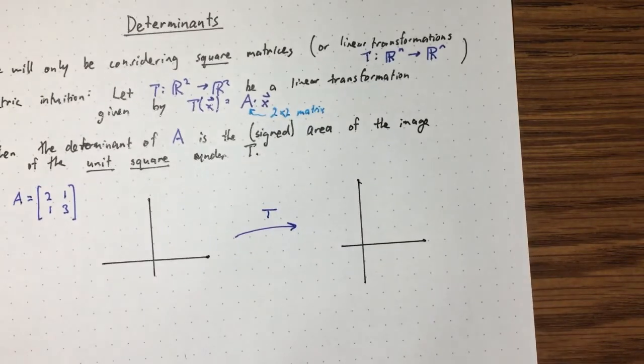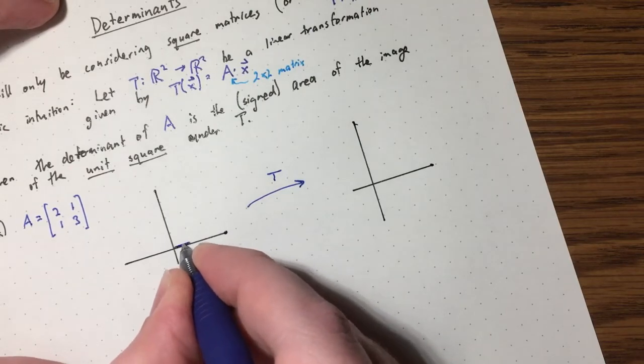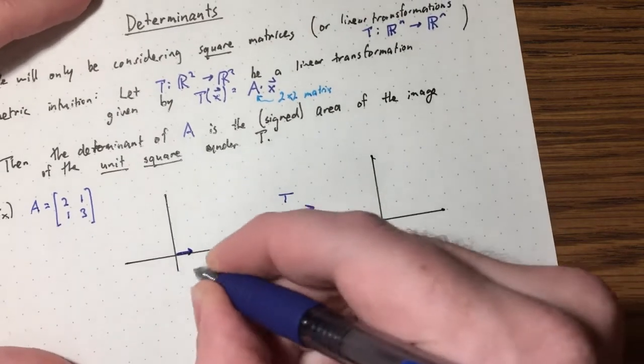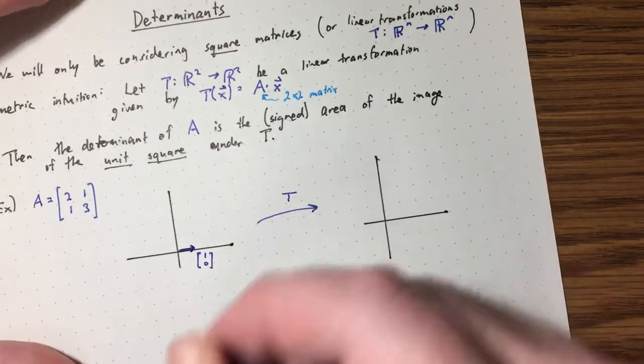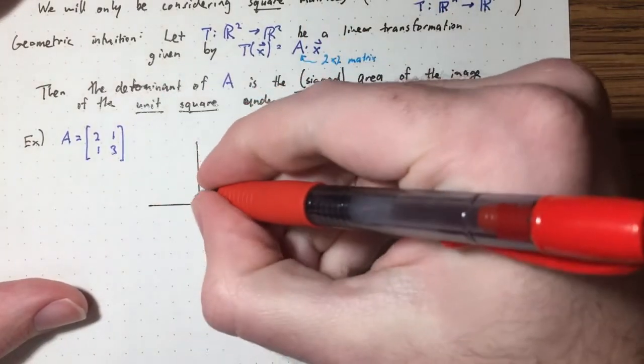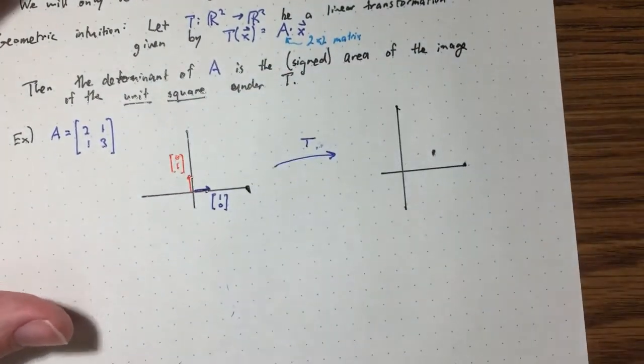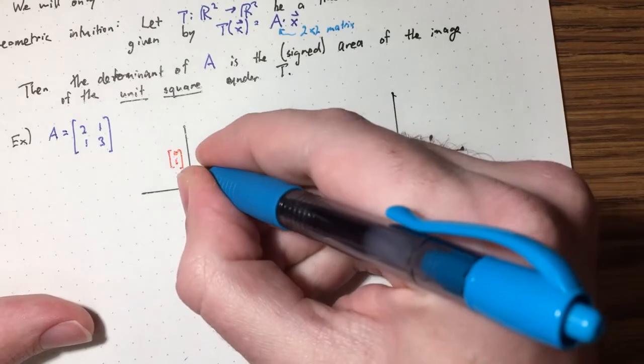Okay, so applying my transformation. What do we mean by a unit square? The square with side length 1. So there's my vector 1, 0. It's a square formed by the two standard basis vectors. And here's my vector 0, 1. And what square am I talking about? Well, it's this square right here.